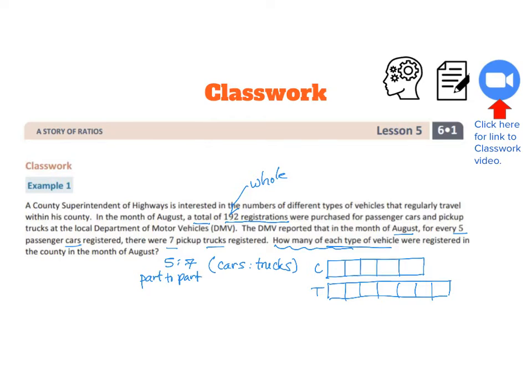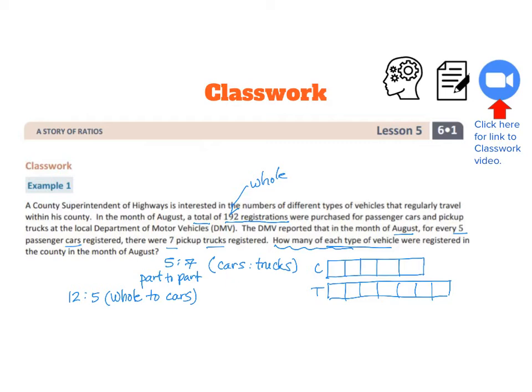I know my 5 to 7 of the cars to trucks. 5 and 7 is a total of 12. So I could go 12, the whole, to 5. That would be whole group to the cars. I'm just pulling out of this ratio the 5 to 7.